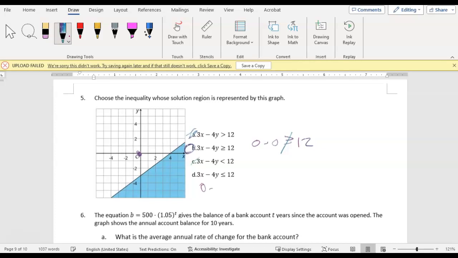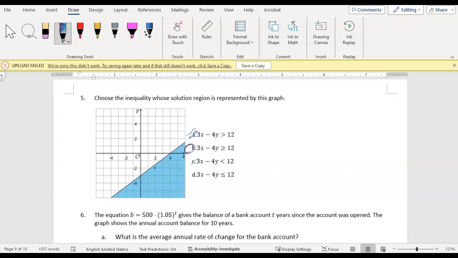If we were to plug in 0 minus 0 here, we would say that is less than 12, but then this side would have to be shaded, and it is not. If you want to verify, you can also select a point in the shaded area. So for example, 2, negative 2.